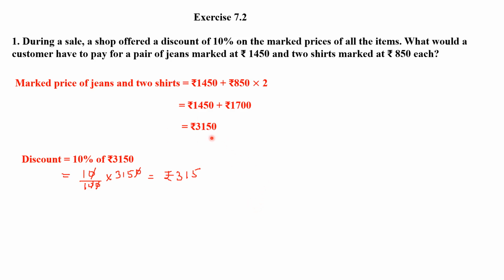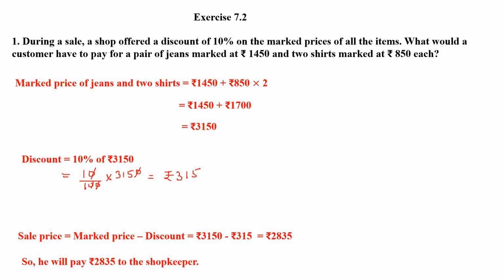So in the marked price you have to subtract the discount amount, then only you will get the amount which you are going to pay to the shopkeeper. So the amount paid will be marked price minus discount. Okay, so 3150 minus 315, and you will get here the price which you have to pay will be 2835 rupees. So I can say the sale price of the item is 2835 rupees.